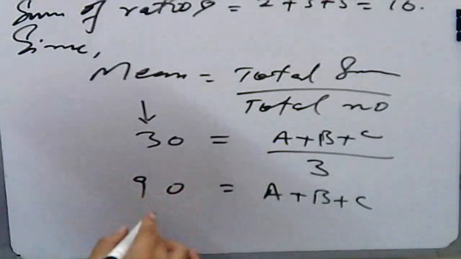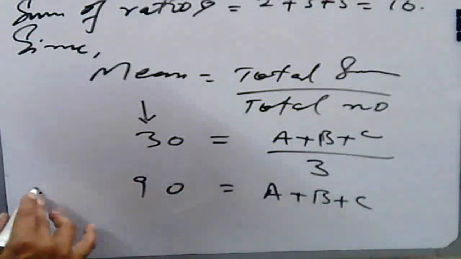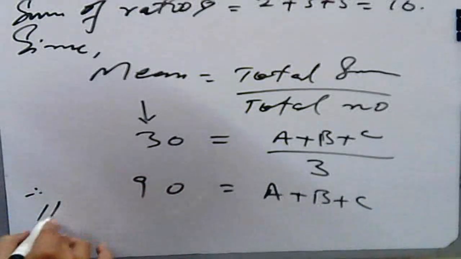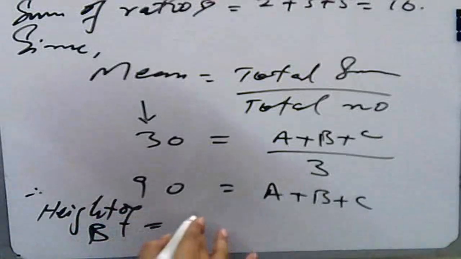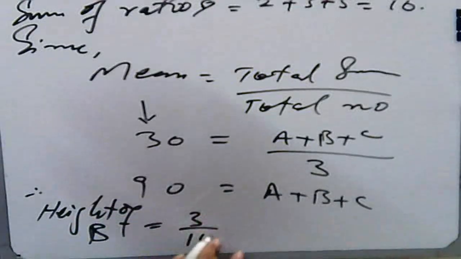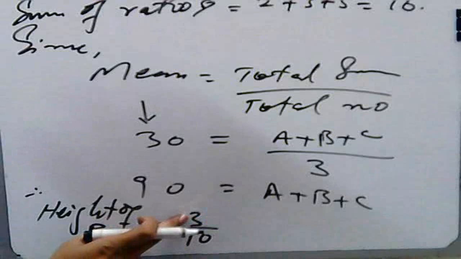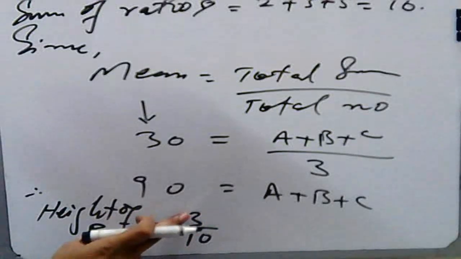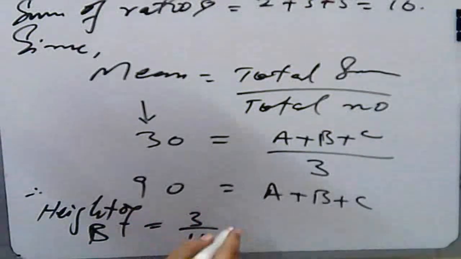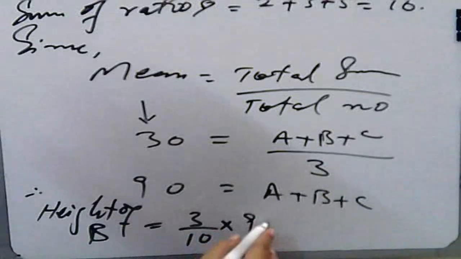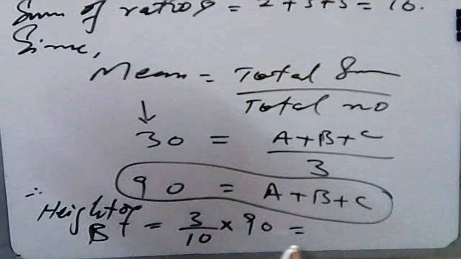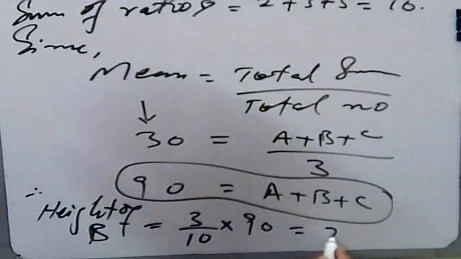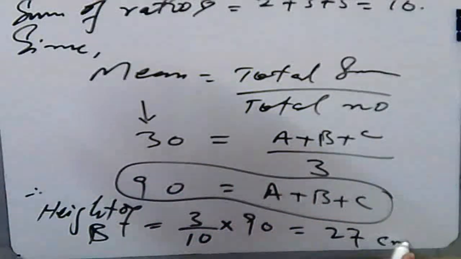So the height of B is 3 by 10, since 3 is the ratio and 10 is the sum of ratios, multiplied by 90, the total sum. After multiplication you will get 27 centimeters, which is the required height of plant B.